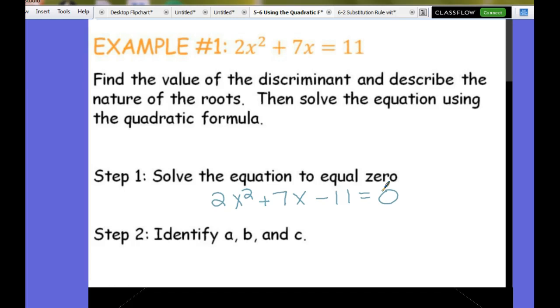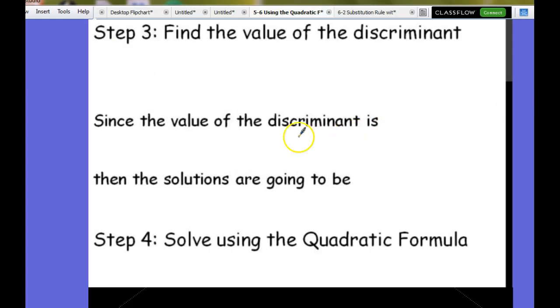I want to make sure I know what my A, B, and C are. So A is positive 2, B is positive 7, and C is negative 11. I want to determine the value of my discriminant. So remember, the discriminant is b squared, always subtracting 4 times the quantity of A and C.